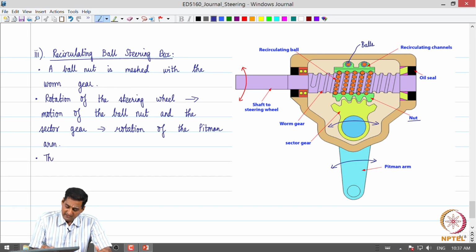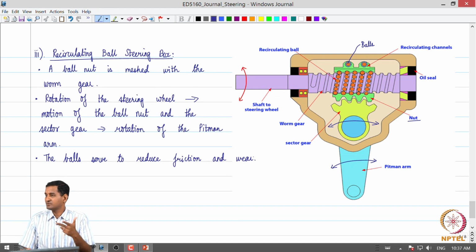So, the main advantage of having these balls which are recirculating in these channels is that the balls serve to reduce friction and wear, right.